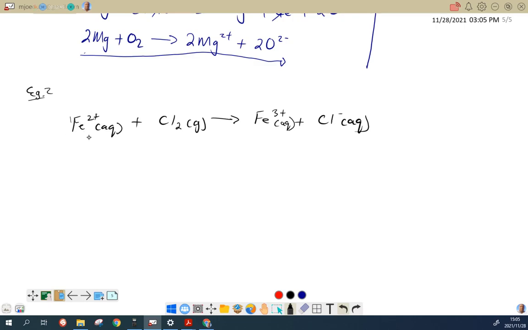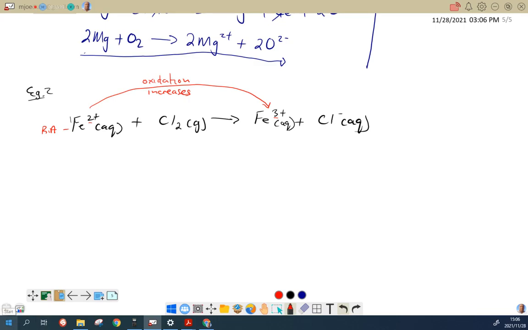So let's look at the first species in the reaction. The iron starts as Fe2+. What happens to the Fe2+? The first thing we observe is that the oxidation number increases. If the iron's oxidation number has increased, we know that it has undergone oxidation, which means the Fe2+ is the reducing agent.